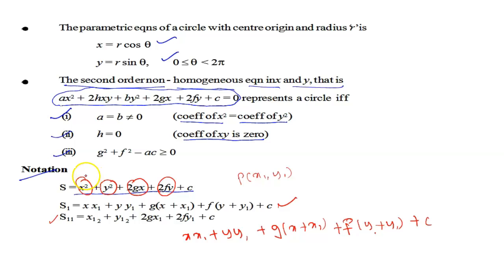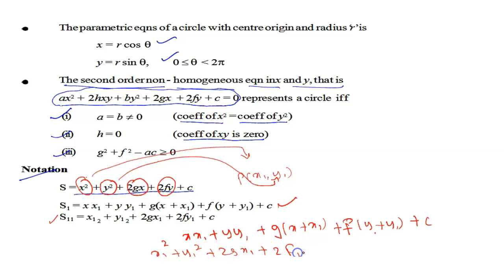Next formula is S11. S11 in the sense, instead of x write x1 and instead of y write y1. So that goes to x1 square plus y1 square plus 2gx1 plus 2fy1 plus c.